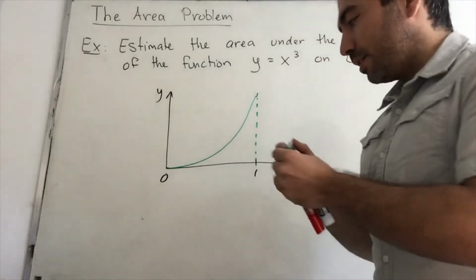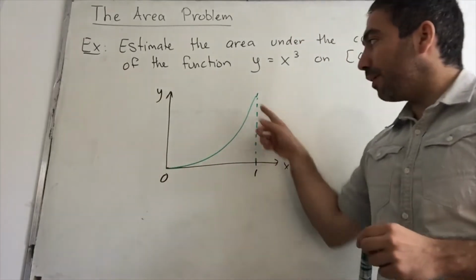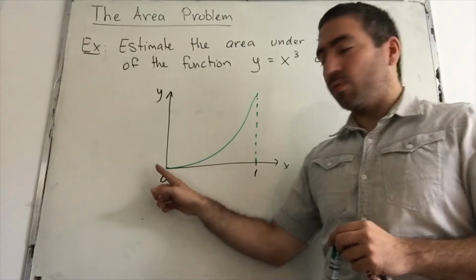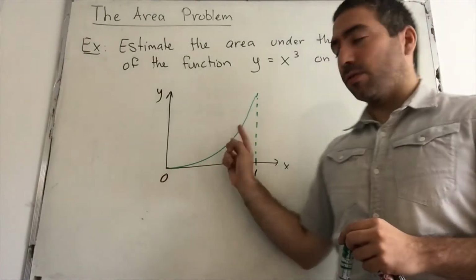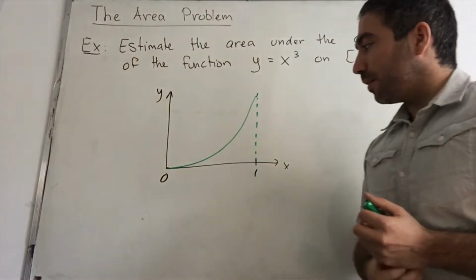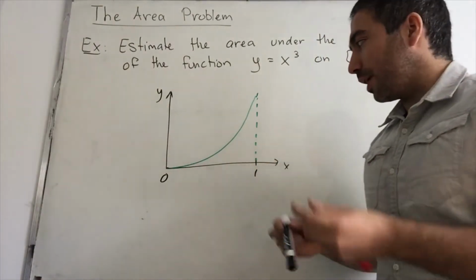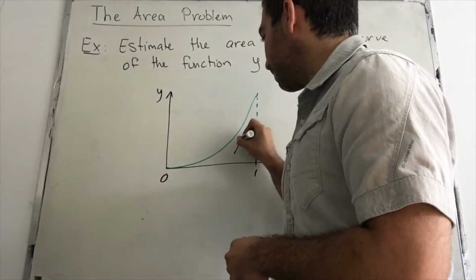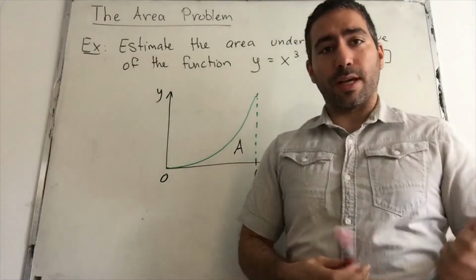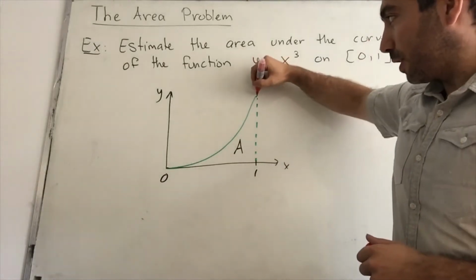As you can see, the area that we care about, or the area under the curve, is essentially a triangle with one of the sides curved, so not straight. So we have to find the area in this region here. Let's call it A. The first thing we could do is notice that this area falls in this box here.